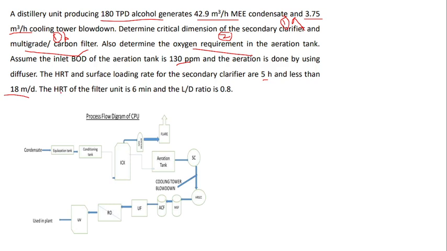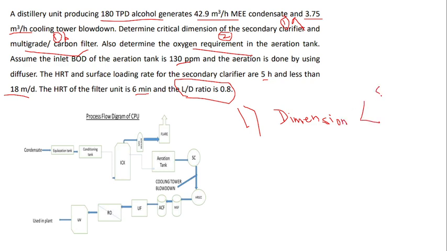Then for the filter unit, the HRT is 6 minutes and the length to diameter ratio is given as 0.8. Okay, with this data, in the first one, we need to calculate the dimensions. First question is to calculate the dimension of different unit processes.